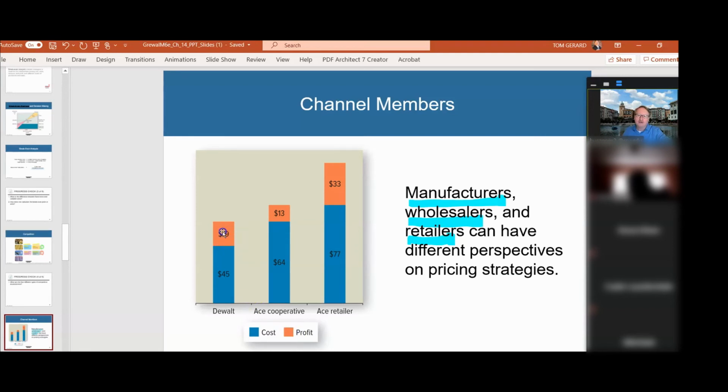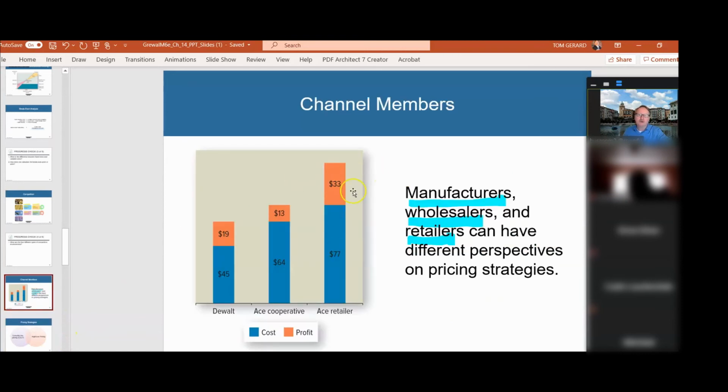My profit here is more than the wholesaler, but it's less than the retailer, right? I have many customers, because I have customers that are wholesalers, and I have customers that I sell direct to retailer. If I'm selling to Home Depot or Lowe's, you can bet I'm selling directly to them. But if I'm selling to all the little independent hardware stores, I might go through a wholesaler, right?